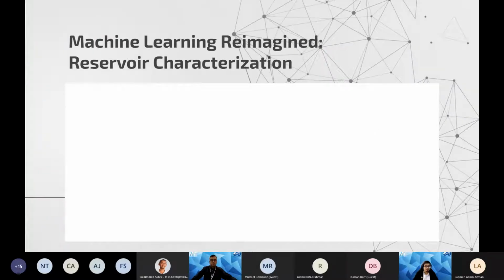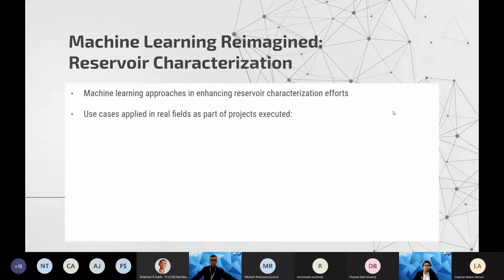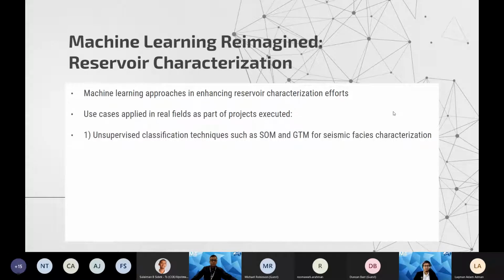Okay, now on to the talk. So again, the title for today is Machine Learning Reimagined, Reservoir Characterization. The talk will focus on the use of machine learning approaches in enhancing reservoir characterization efforts, based on use cases applied in real fields as a part of projects executed.